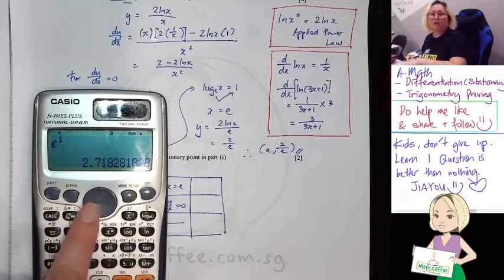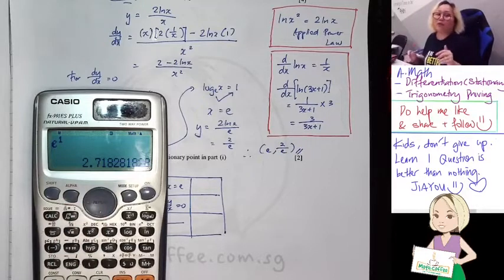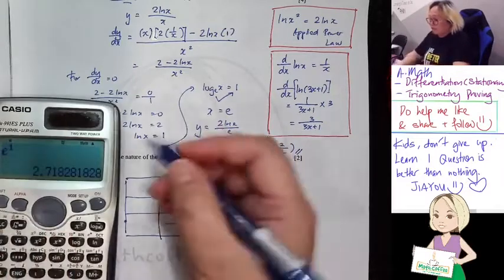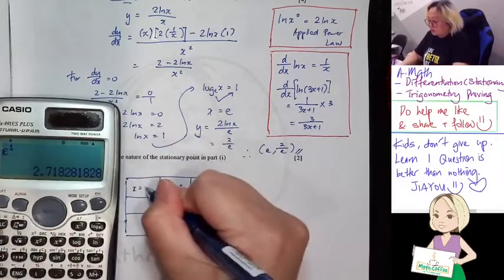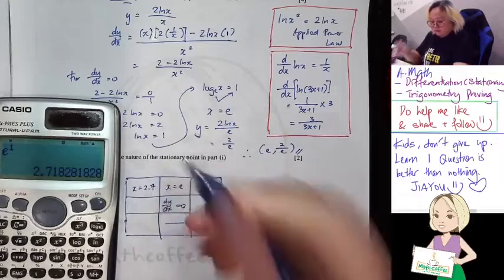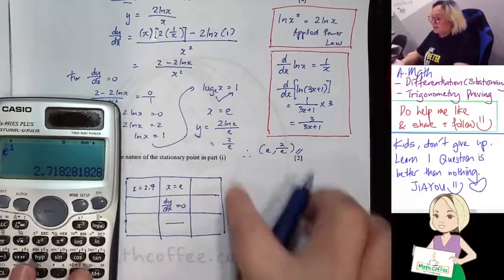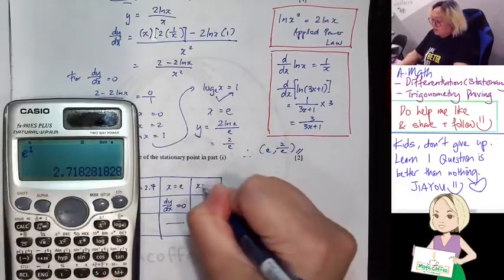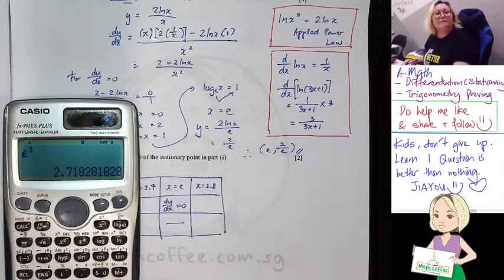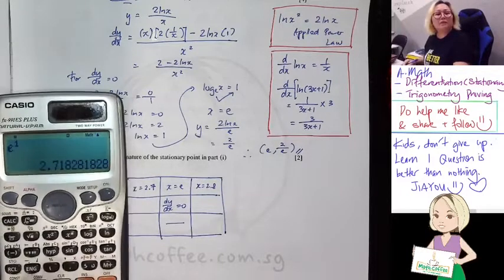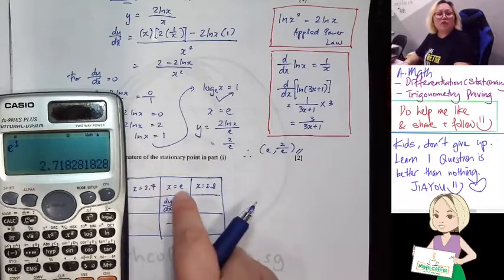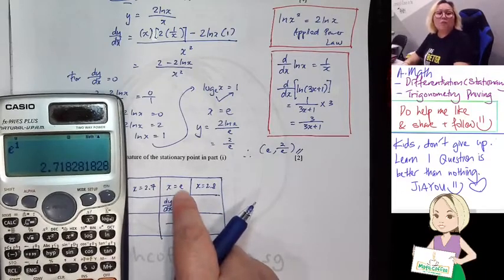You need to know that e is actually 2.718. So you can put in any values. A lot of students usually go and put x equals 2. But for me, I always put less by 0.1. So I'm going to put in x equals 2.7, then this side I will put x equals 2.8, because the e value is 2.718.